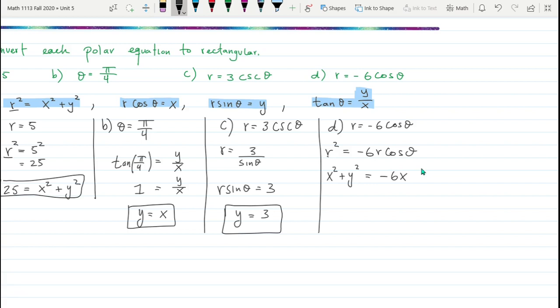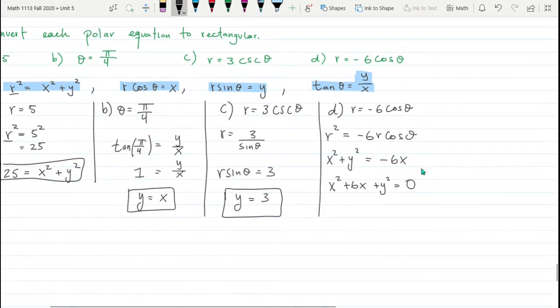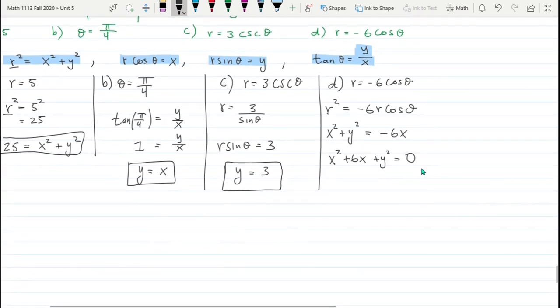So I can move this to the left side, so I have x squared plus 6x plus y squared equals 0. The next step will be to get this to resemble the equation of a circle.